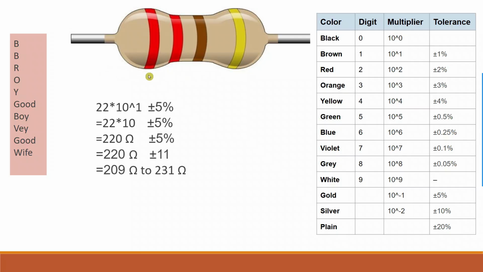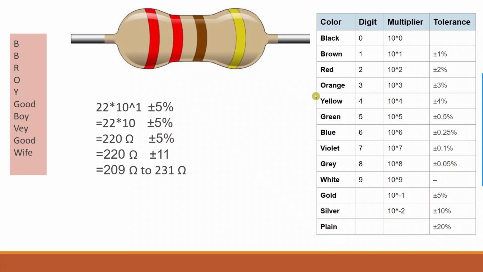The first color is red. What is the digit of red? Red is 2. I put 2 here. Again red. The second color is red, which means 2. I put 2 here. The last second will be the multiplier, as I told you. What is the multiplier of brown?